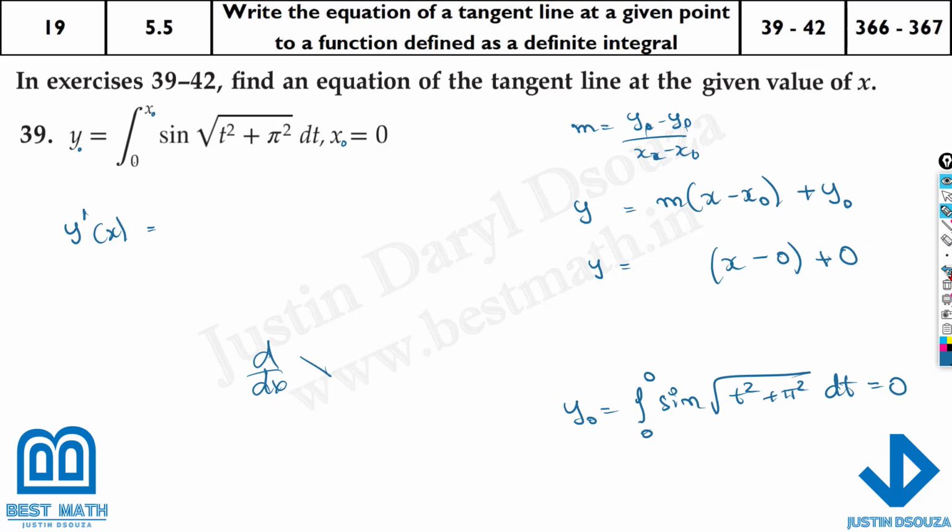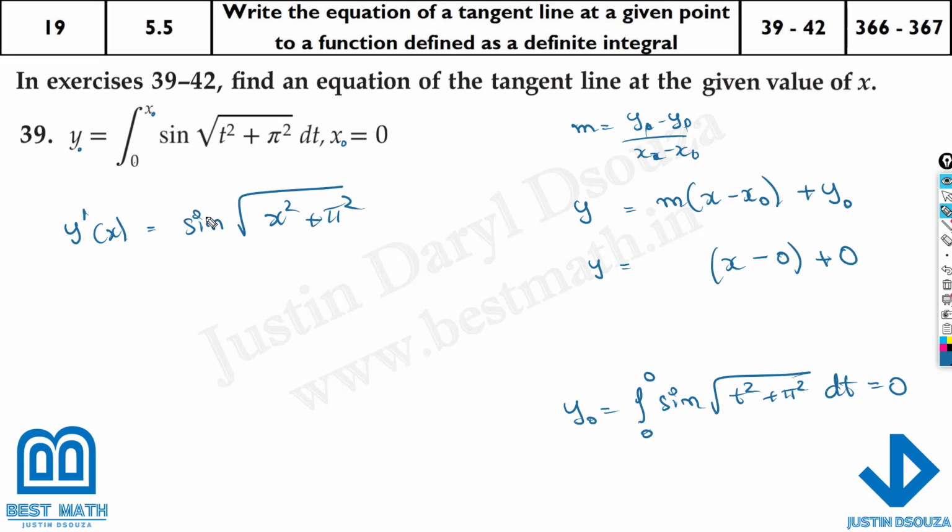Instead of doing all the derivation and then getting the same answer, when we differentiate this, the integral is gone. And what is the variable over here? x, right? Instead of t, just write sine of the square root of x squared plus pi squared. That's the derivative, no plus c or anything.